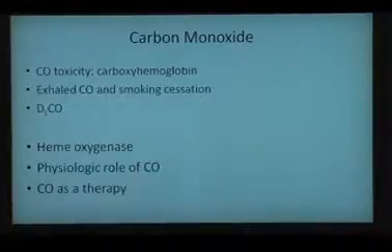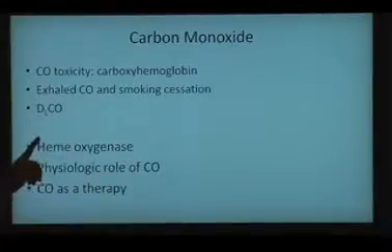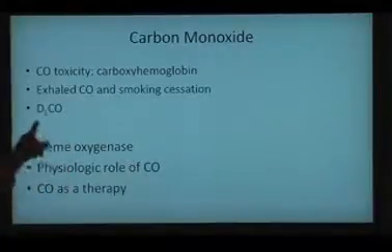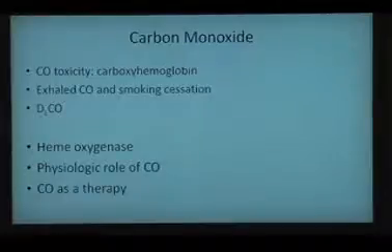So if someone is in a smoking cessation program and they say, "You did a good job, I haven't touched a cigarette in 2 weeks," and then you measure their exhaled CO and it's increased, they're probably lying to you. So it's used in smoking cessation programs. And then CO is used for DLCO. I'm not going to say anything. Well, I may have one additional slide about that, but we've already sort of talked about that.